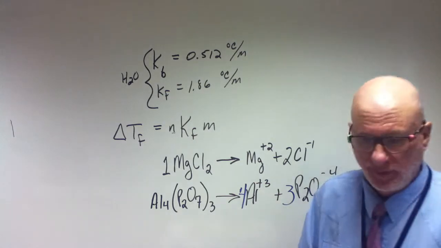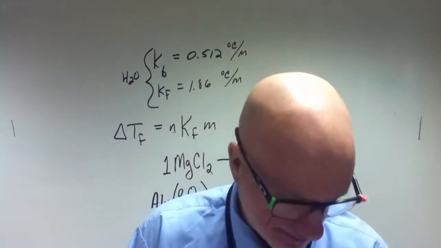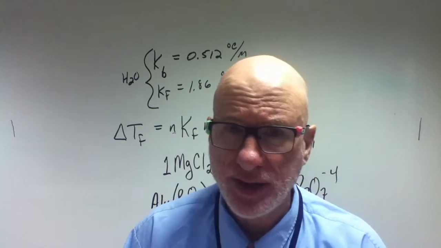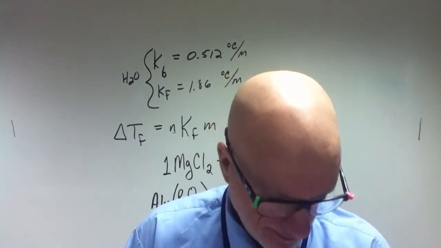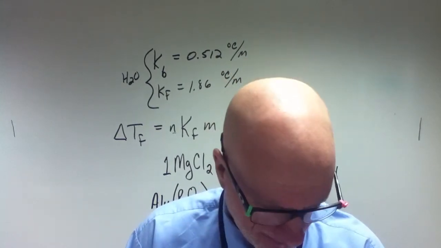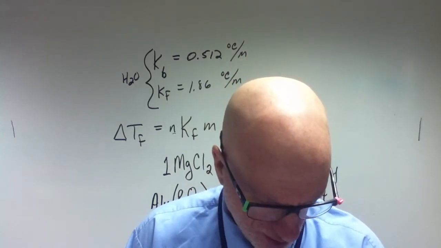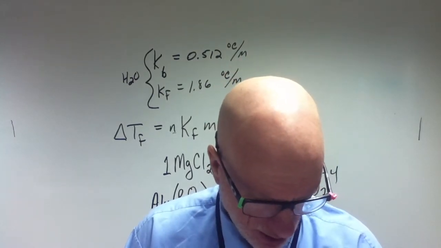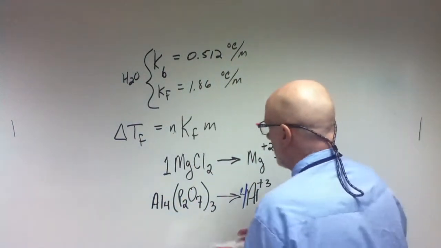You get it? So that's why they say in the problem, let me read the problem. It says, calculate the freezing point and boiling point of a solution that contains 15 grams of urea in 250 grams of water. Urea is a covalently bonded compound.